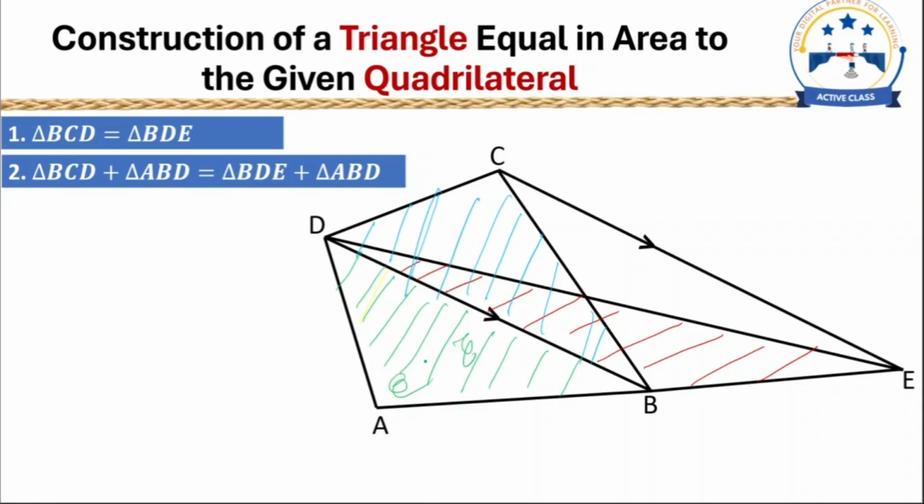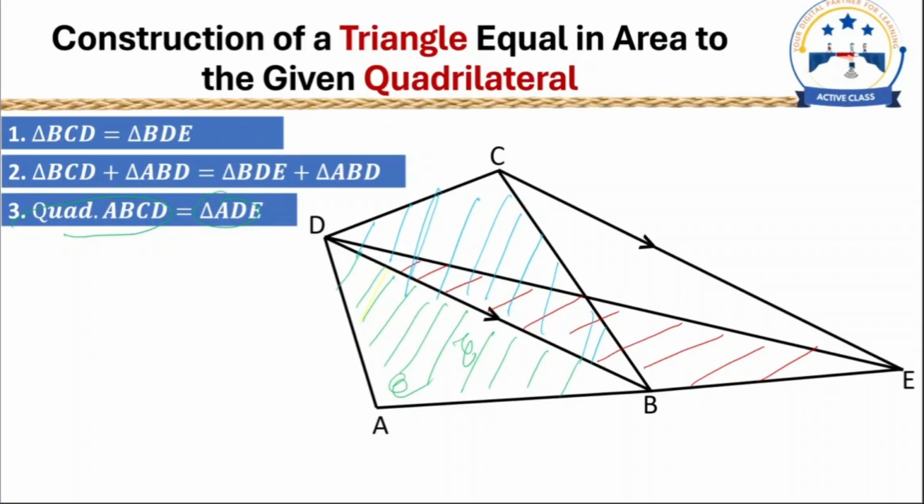And they will be equal in area, right? So I'll do the same. BCD plus ABD is quadrilateral ABCD, and triangle BDE plus triangle ABD is triangle ADE. So these two shapes are equal in area.